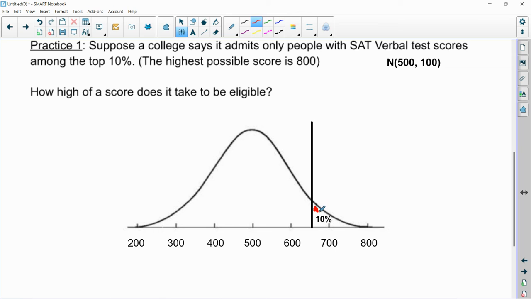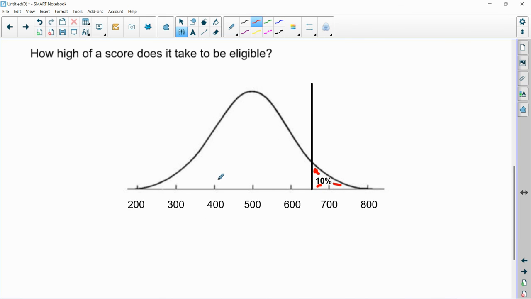We'll go ahead and shade a little bit. And there it is. So as we said earlier, using this inverse normal, we want the percentage to the left of our flag. So that means if there's 10% to the right, it's 90% left. That's what we're going to need to use.